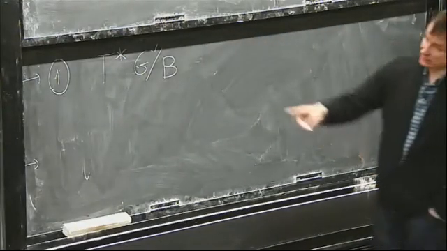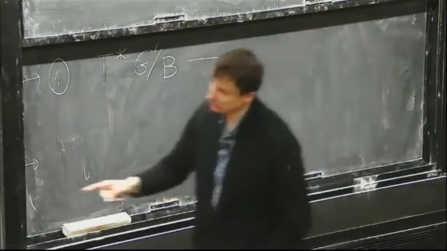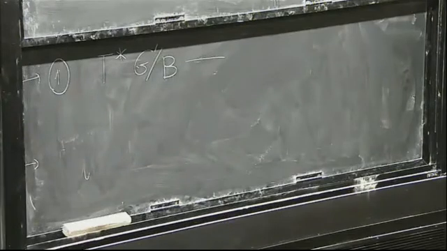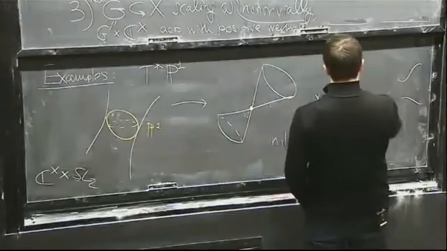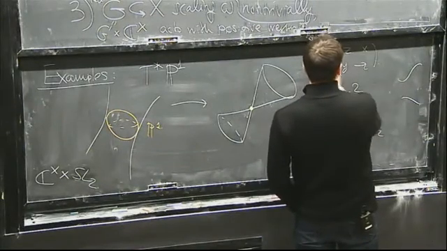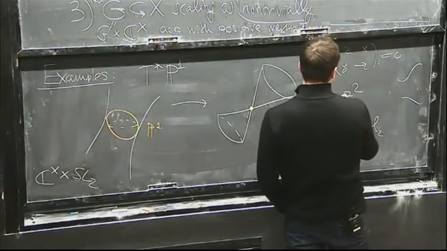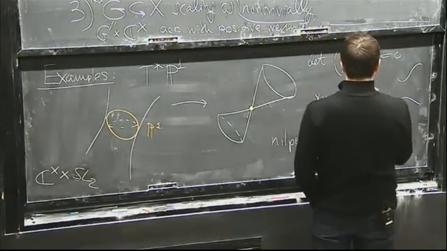And incidentally, this equation is the nilpotent cone in SL2, because if I write the determinant of that equal to 0, with the other sign, I get this.